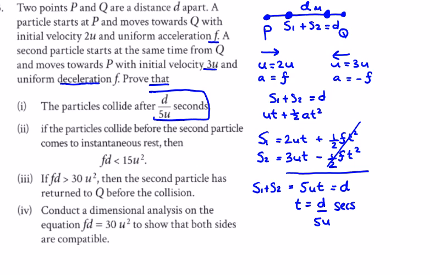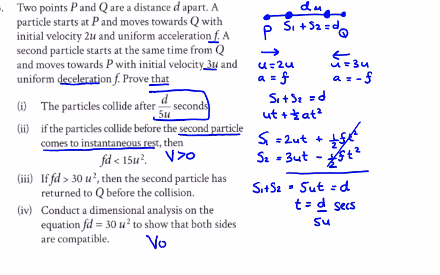What are they looking for in part 2? They're saying prove that if the particles collide before the second particle comes to instantaneous rest, so that means that it must still be moving, so its velocity must be greater than 0. So let's look at the velocity of Q, which is the second particle.